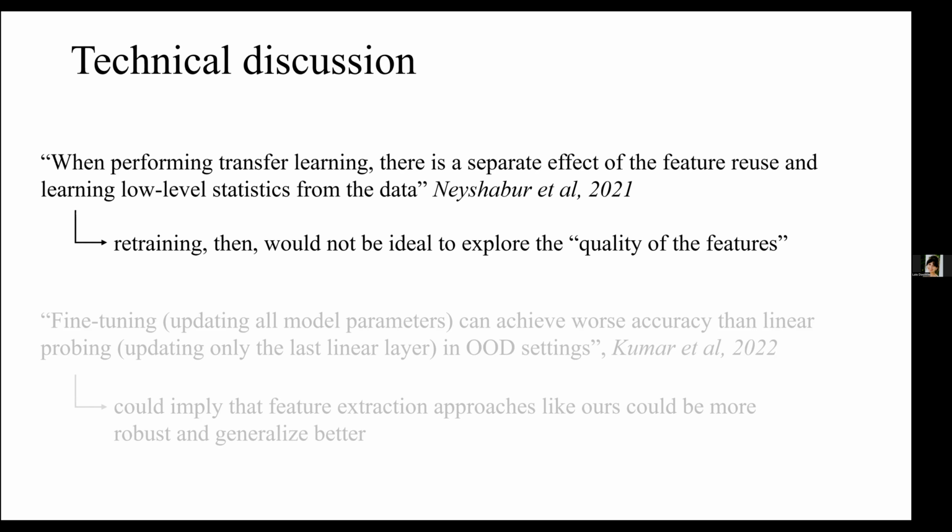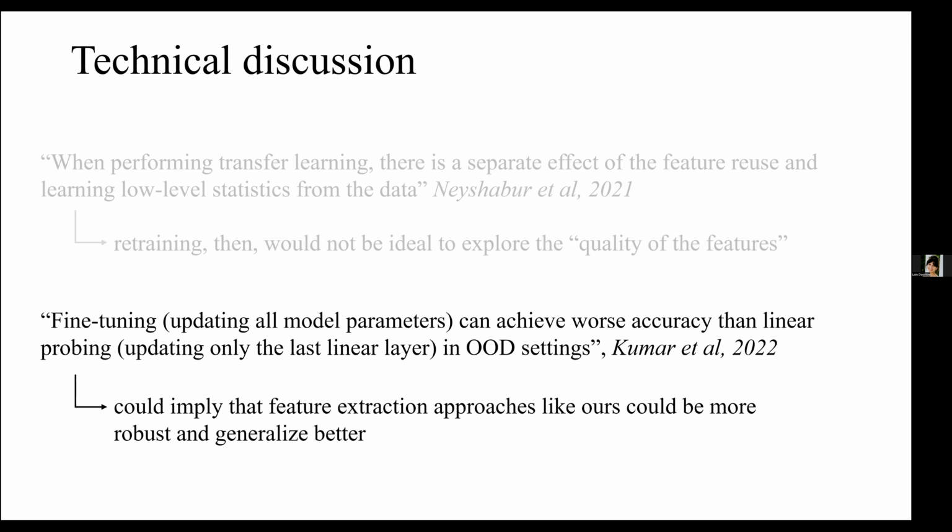So doing it this way is a less biased way of comparing weights. And also about generalization, as I said, when you fine-tune and you update all the model parameters, it has been shown that you can achieve worse accuracy. So doing this feature extraction approach, when you don't really retrain the whole network, is more robust.